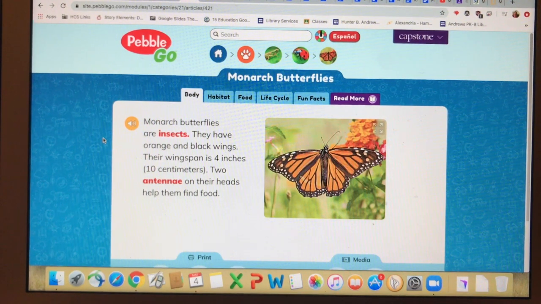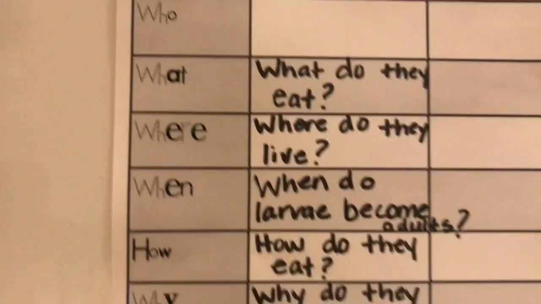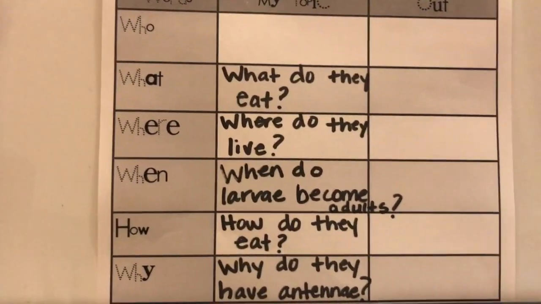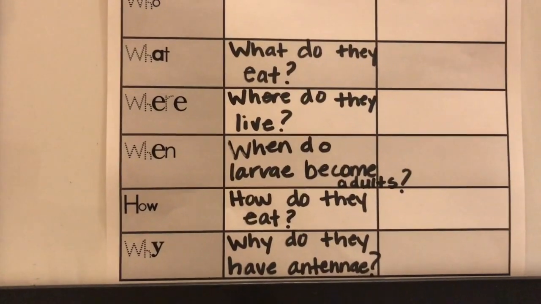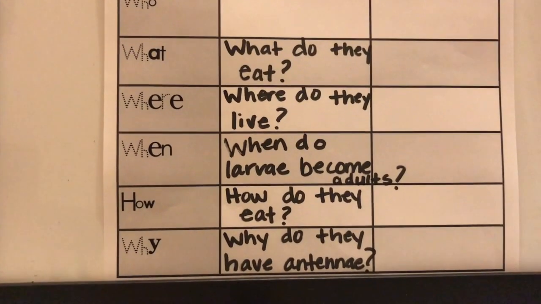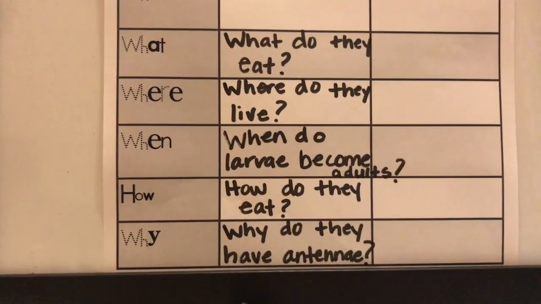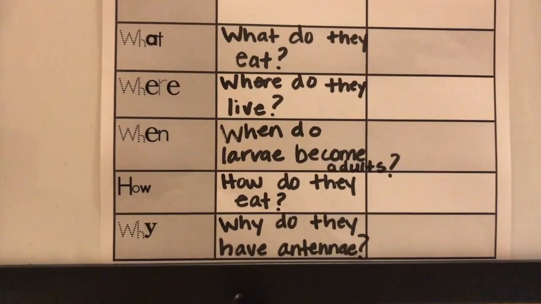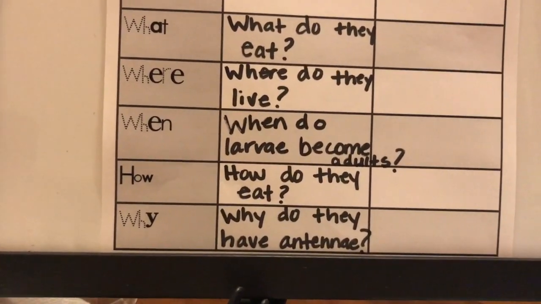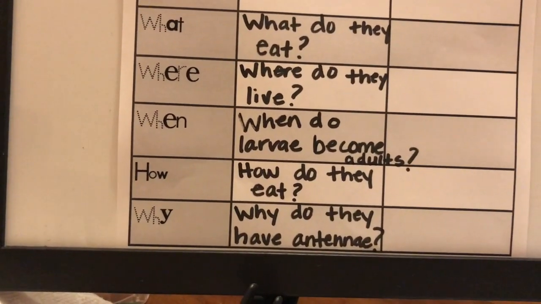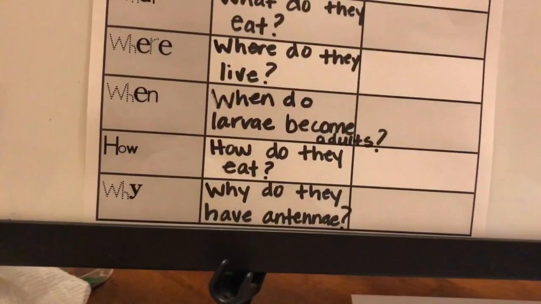Okay, awesome. So let's take a look at our questions and see if any of those could be answered. So it didn't say what they eat or where they live. It doesn't talk about when the larva becomes adults or how they eat, but it did give us the answer to why do they have antennae. And it says 2 antennae on their heads help them find food.